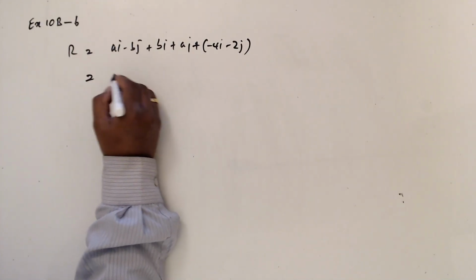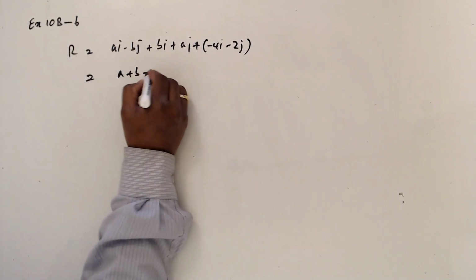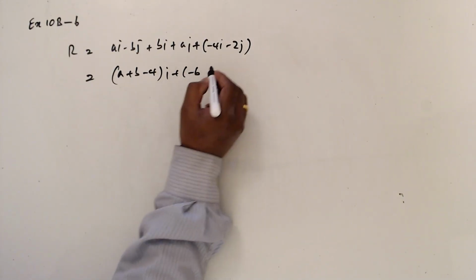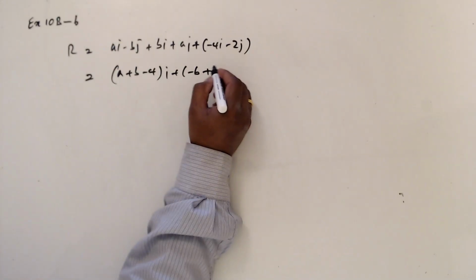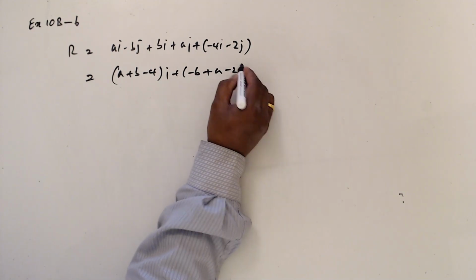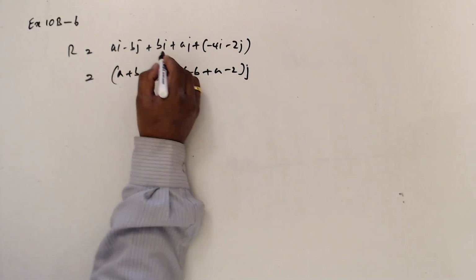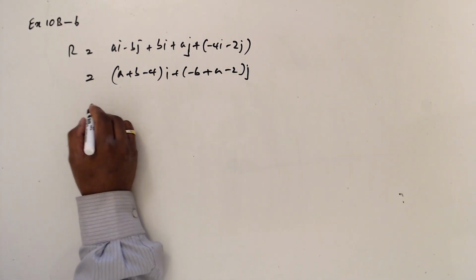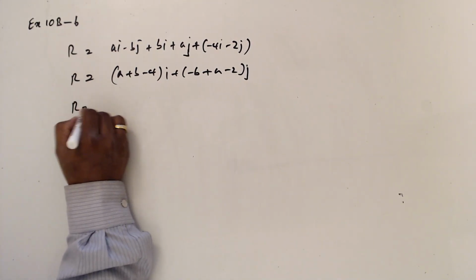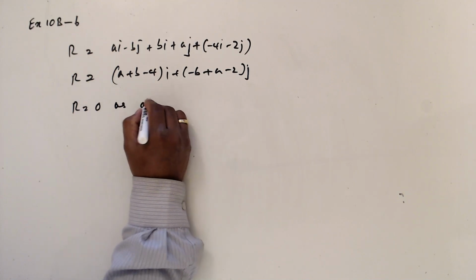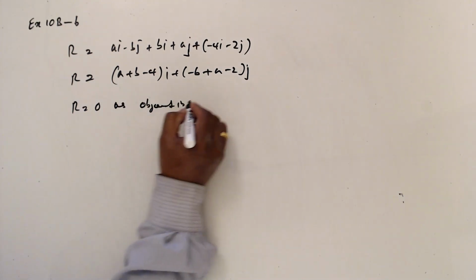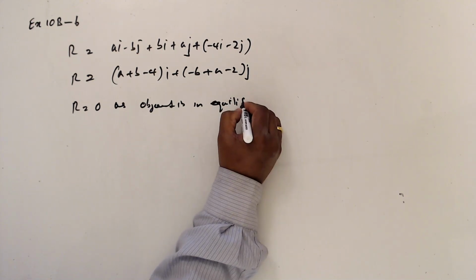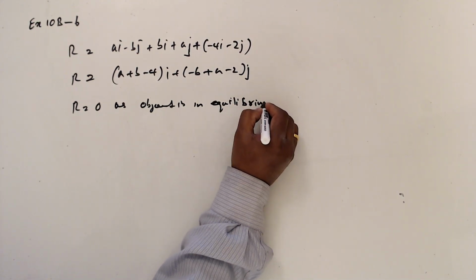So this equals (a plus b minus 4)i plus (minus b plus a minus 2)j. R equals 0 as the object is in equilibrium.